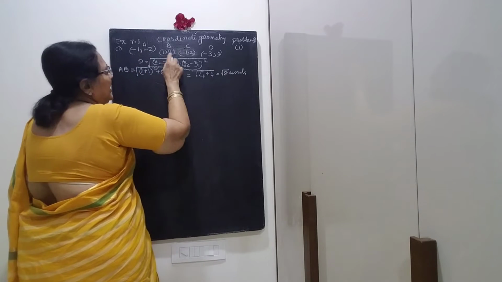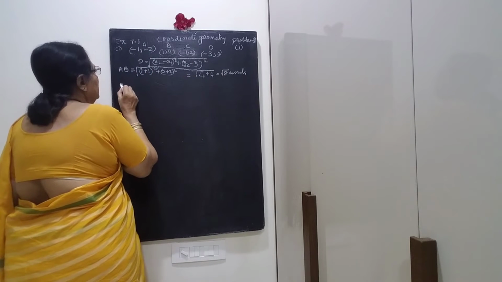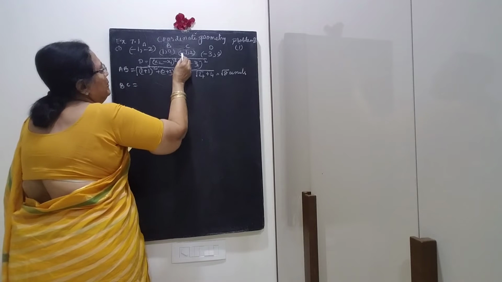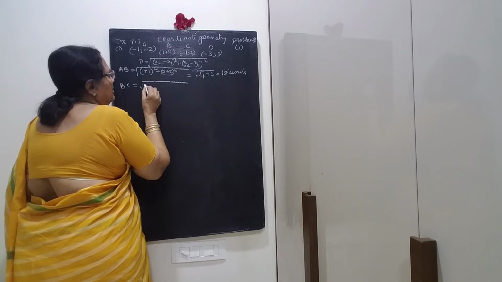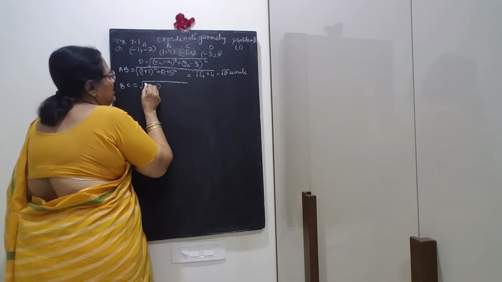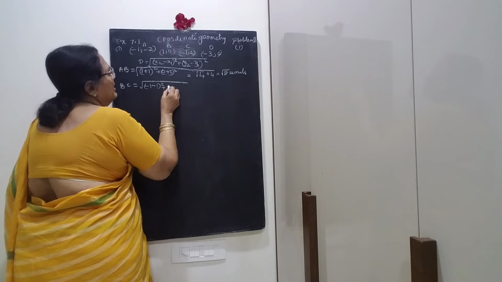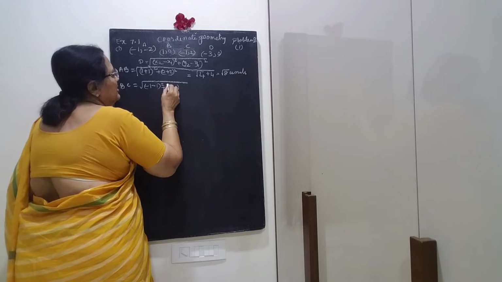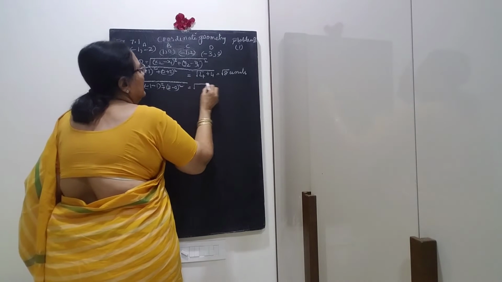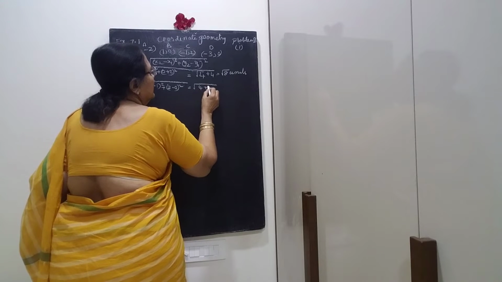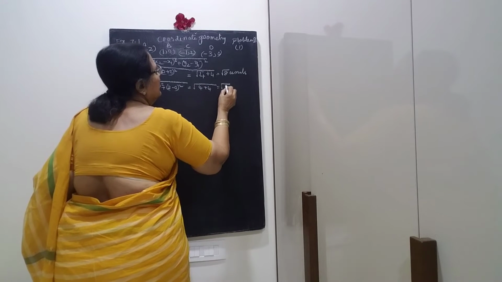So we'll find out BC. BC will be (-1 minus 1) whole square, that is -2 whole square, plus (2 minus 0) whole square, that is equal to 2 square plus 2 square, 4 plus 4, 8 units, root 8 units.